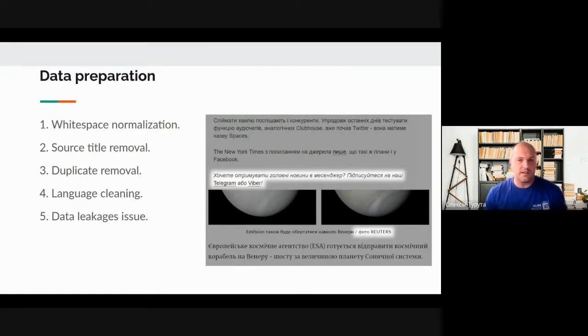For example, some news sites write "You can download this news from" and then the source of the site. We replace this text because it helps our classifier to memorize the site, not generalize the information.